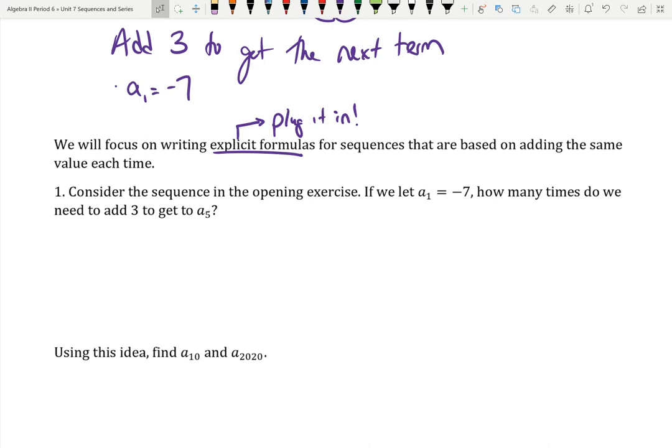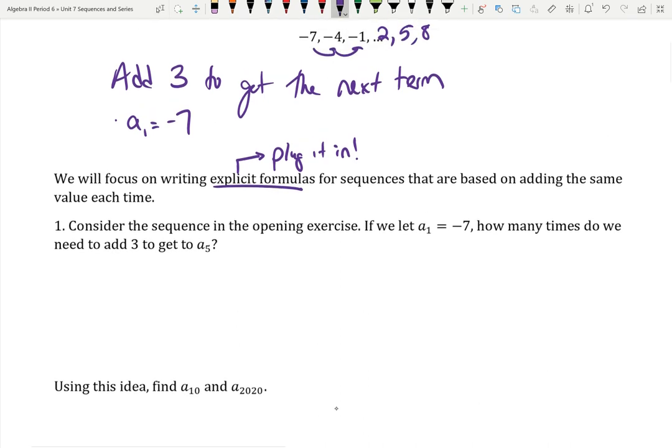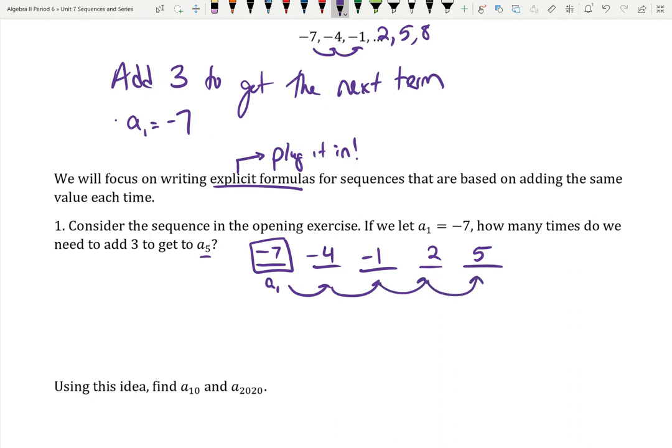So consider the sequence in the opening exercise. It's -7, -4, -1, 2, 5. So this is a sub 1 here, so I'm going to call it home base. How many jumps do I have to make to get to a sub 5? 1, 2, 3, 4.